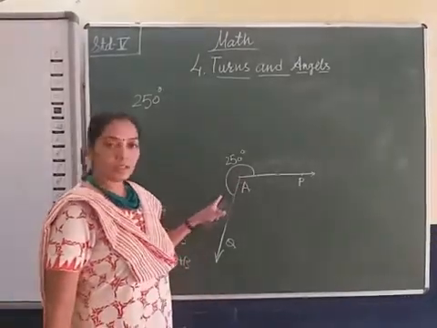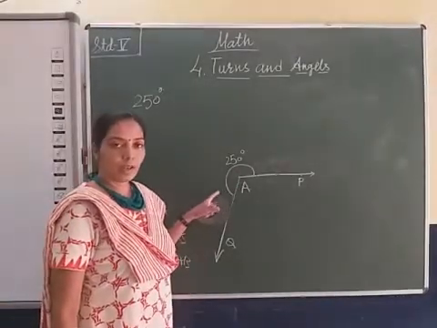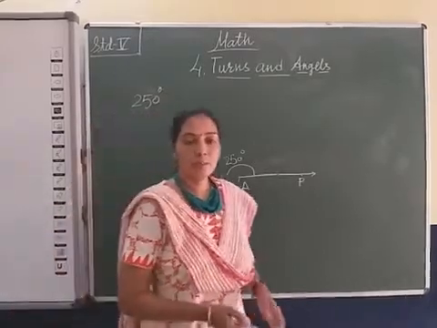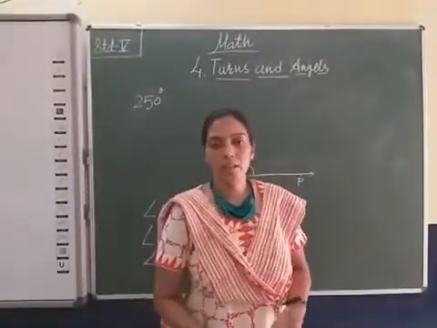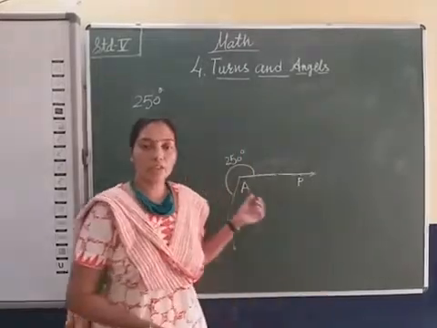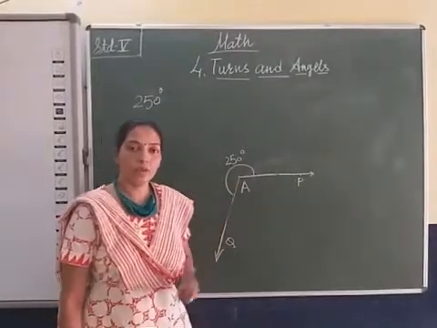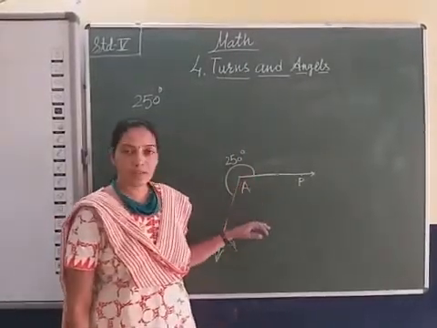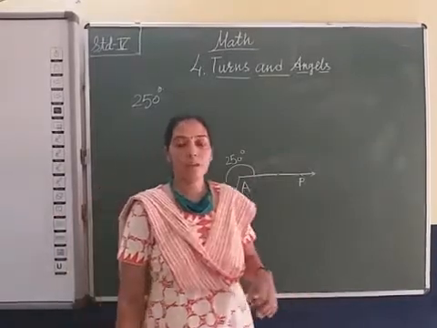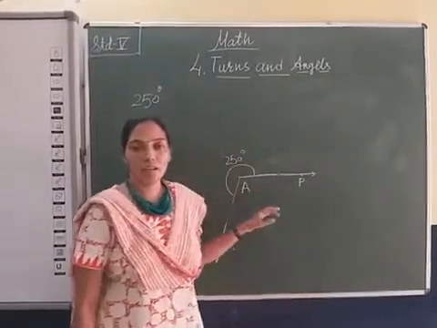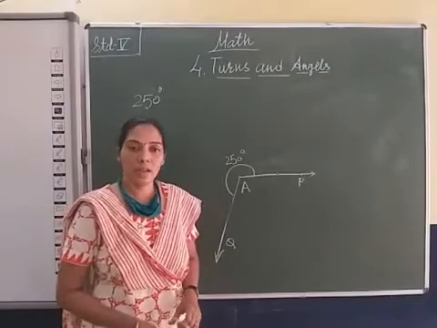So we measure this 250 degree angle. Sometimes a question gives the angle measurement and you have to draw the angle and represent it. And sometimes the figure is given and you have to measure the angle.